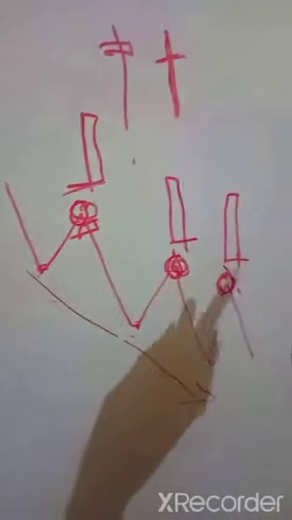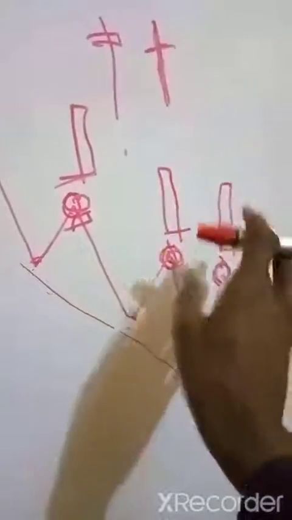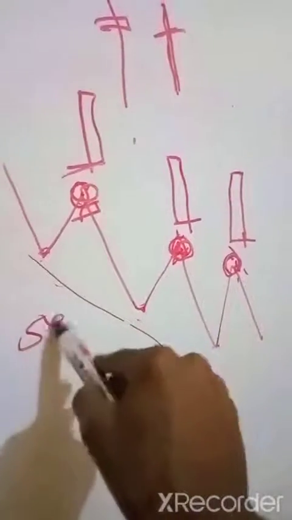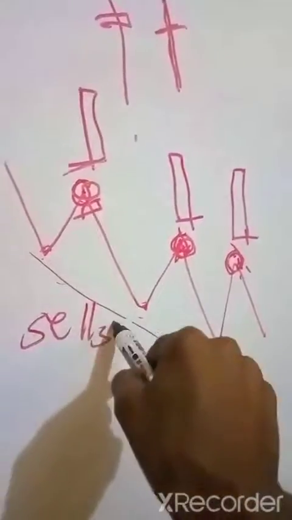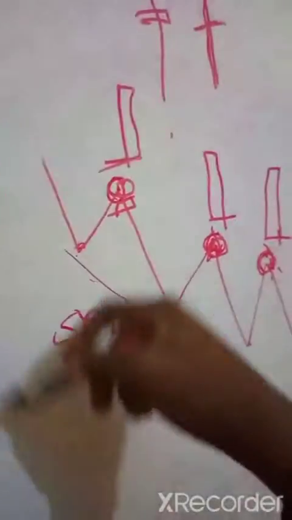If it's a soldier, a star, a doji, or tweezers, they need to appear on these points for you to qualify to place sell orders. I hope this is clear.